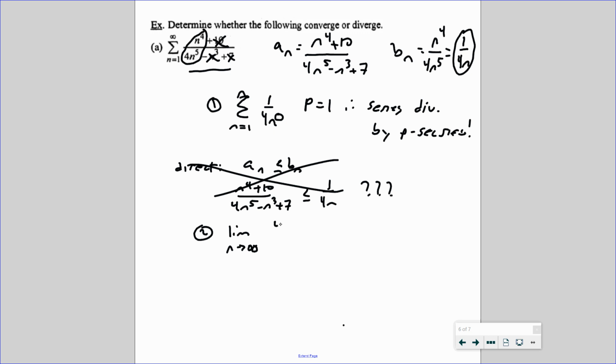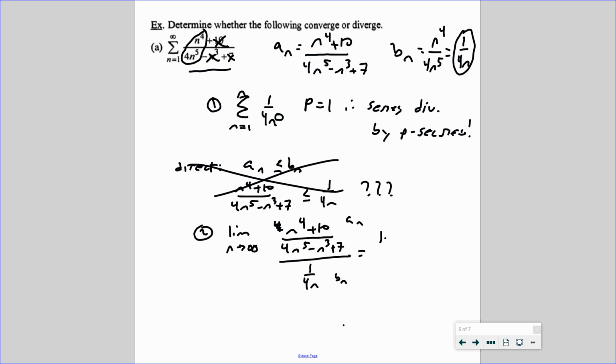So we take our original, n to the fourth plus 10 divided by 4n to the fifth over n cubed plus 7, over b sub n, which is this 1 over 4n. So we have a sub n on top, b sub n on bottom.